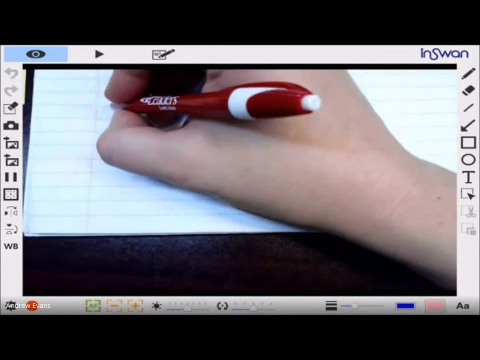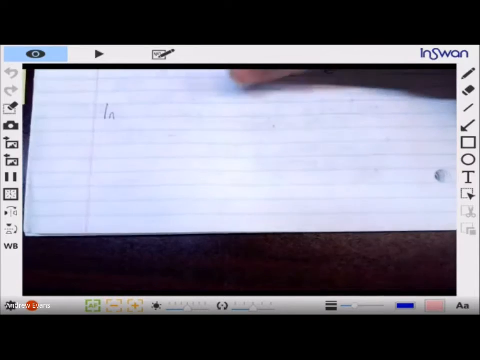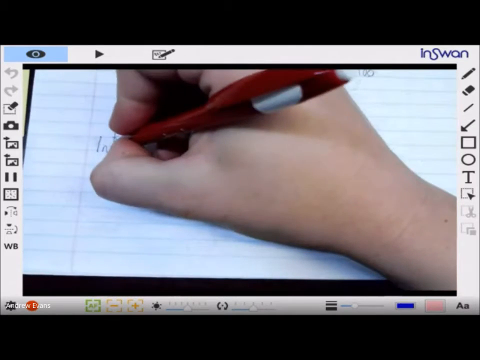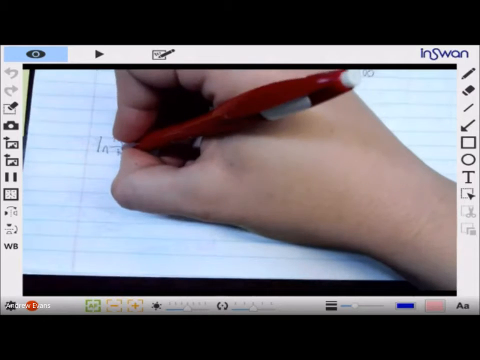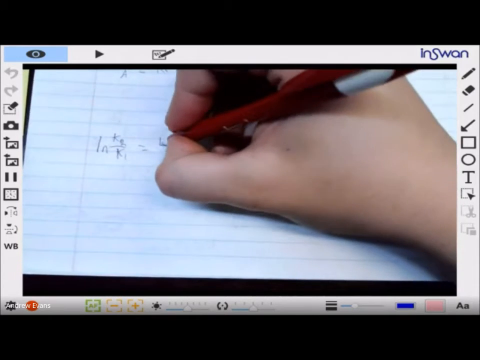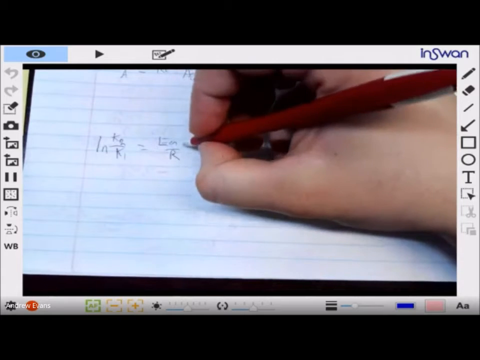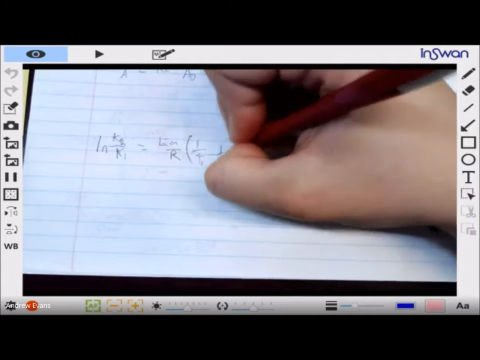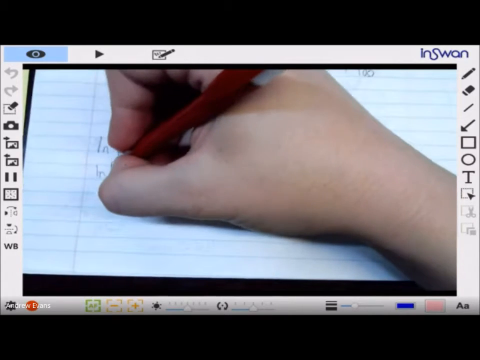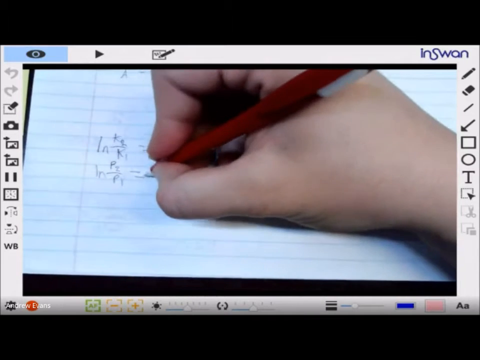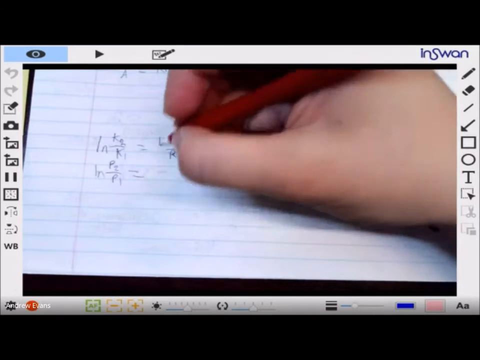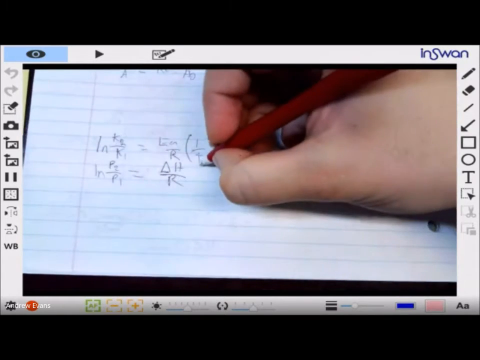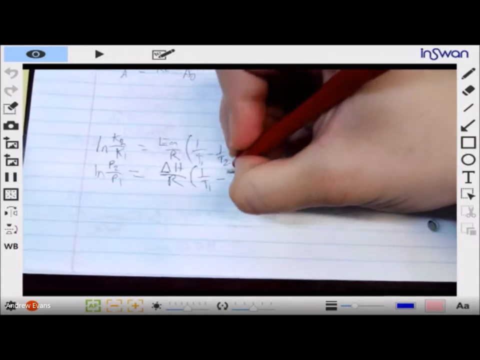These are a little bit harder to use, but if you learn how to use it, it's really not too bad. ln(K2/K1) = Ea/R (1/T1 - 1/T2), versus ln(P2/P1) equals, I'm going to actually switch this around because they're exactly the same, ΔH/R (1/T1 - 1/T2).